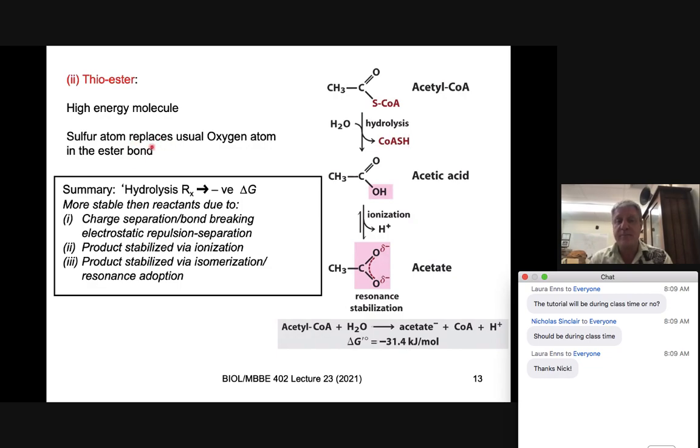We're basically changing that to an ester bond and giving us a higher capacity of energy than we just see from a simple removal of phosphate. So again, the summary: these hydrolysis reactions that we're going to study are going to give us negative delta G. They are more stable due to their charge separation given their resonance structure and their bond breaking capacity.